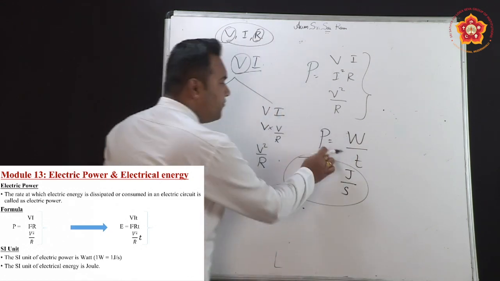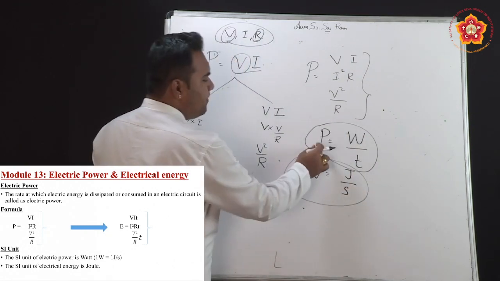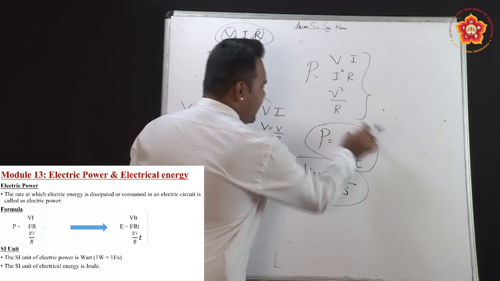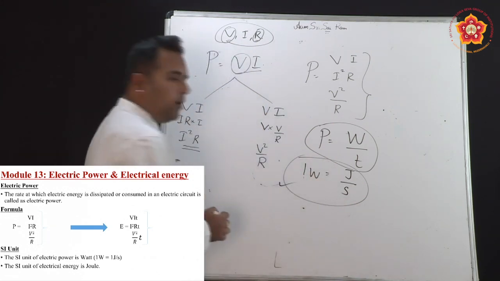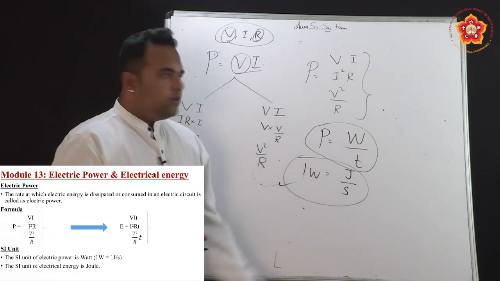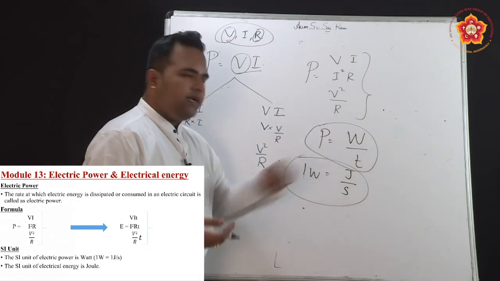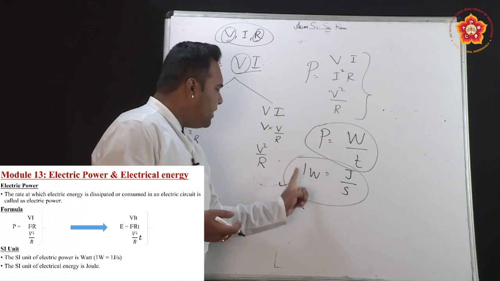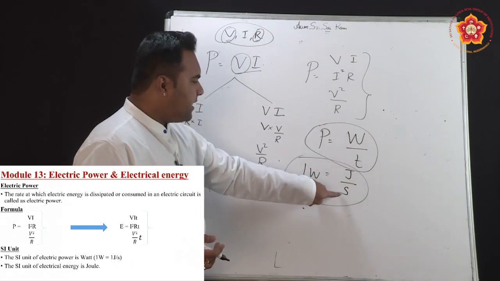There are formulae relating the parameters. I know the parameter called electric power, there is a parameter work done, and this is time. And also this is a formula relating the units. So, never confuse a formula relating the physical parameters with a formula relating the units. Here it is time, but what is the unit of time? Second.